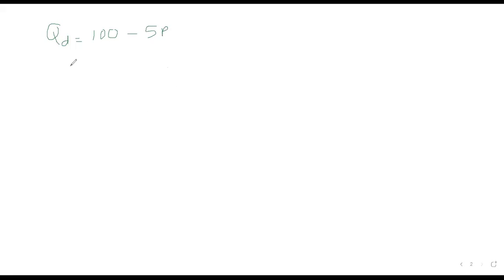For a layman, you put the letters on one side: q plus 5p is equal to 100. And what number is here? 1. So you identify the intercepts. So 1 into 100 is 100. So we cut the q at 100. 5 into 100, what do we get? 20. So we cut the p at 20.